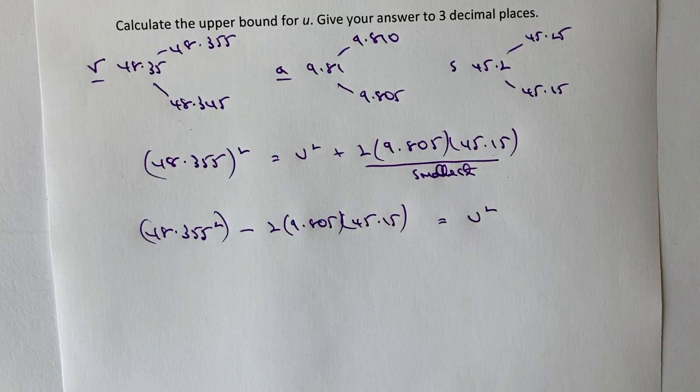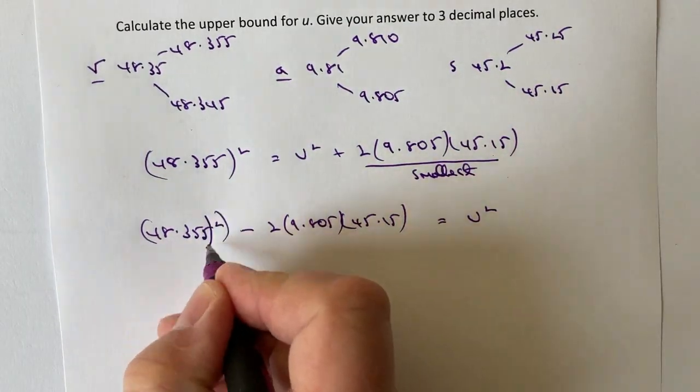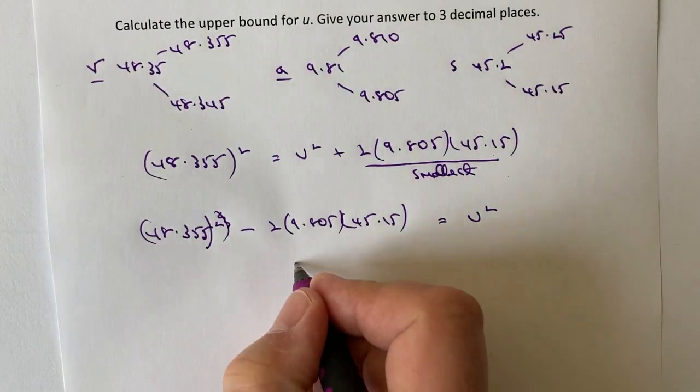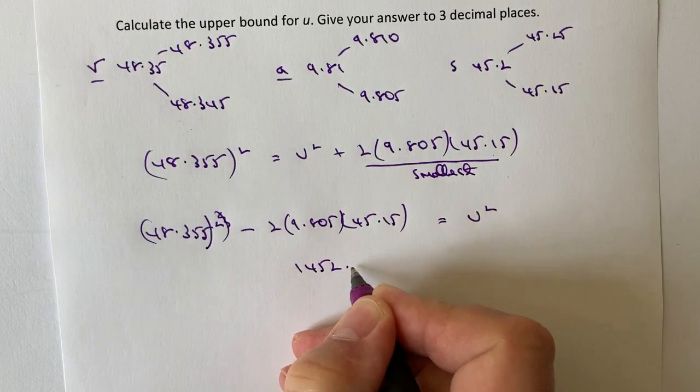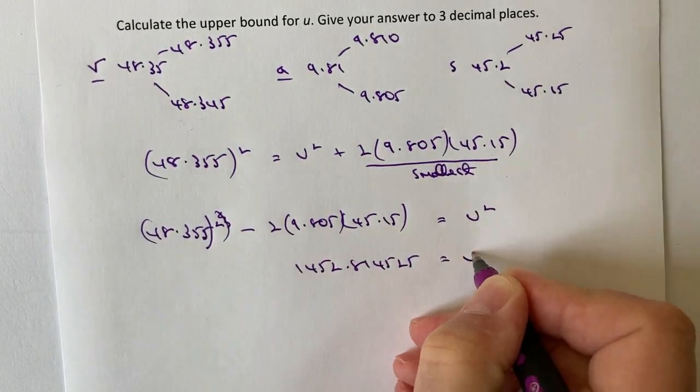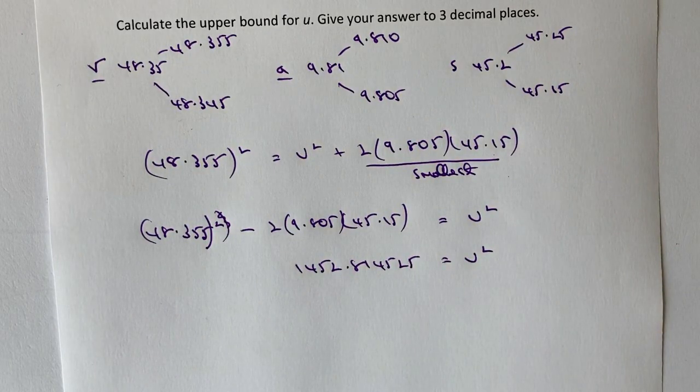I just realised I've written that wrong there. If you do feed this calculation directly into the calculator, you should get an answer of 1452.814525. Bearing in mind that equals u squared.